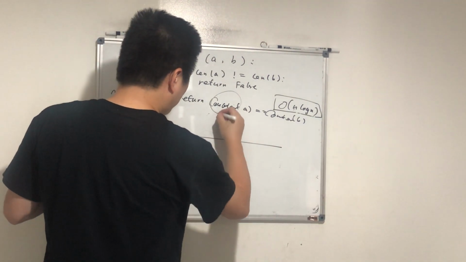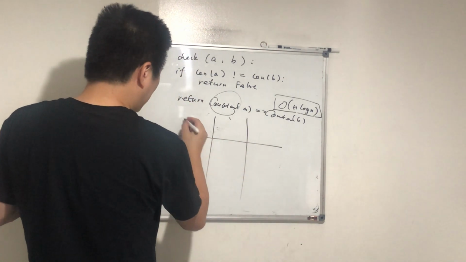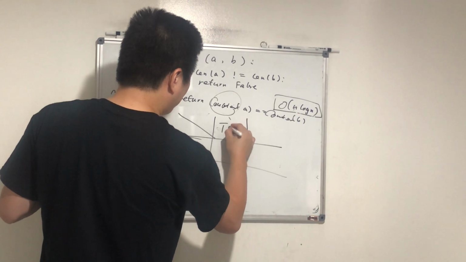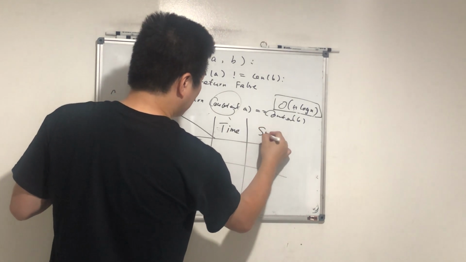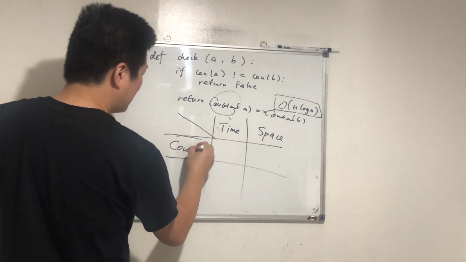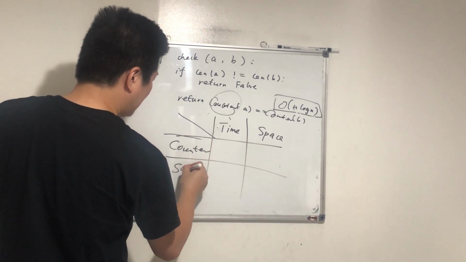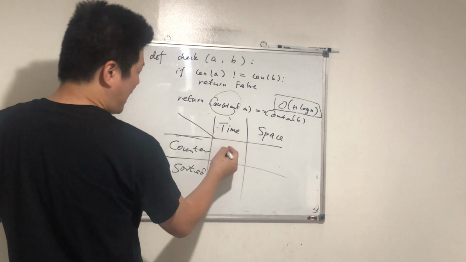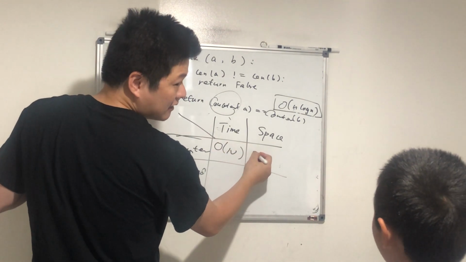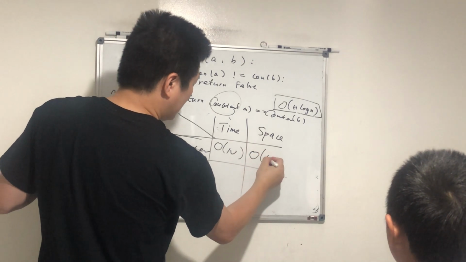Look, I'm writing a table here, okay? So here, that's time, that's space. If we are using the counter, or using the sorted. For counter, time is O(n), space is O(n).